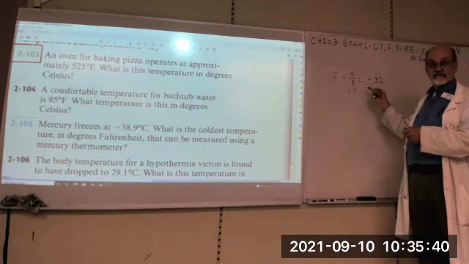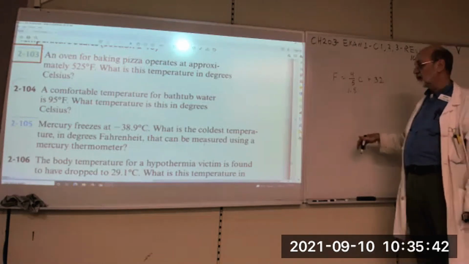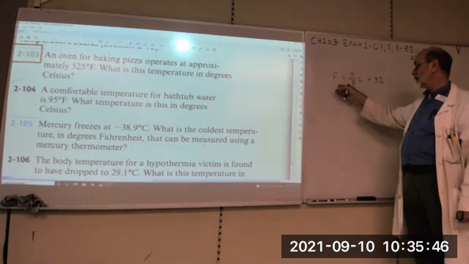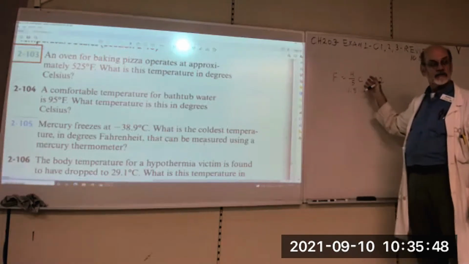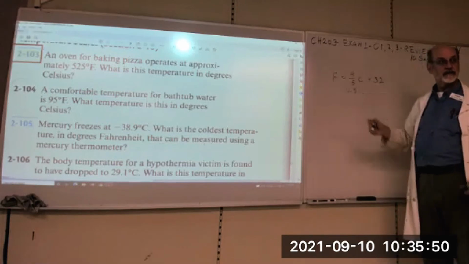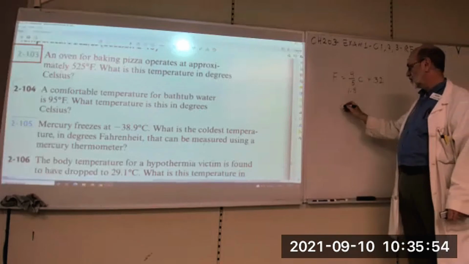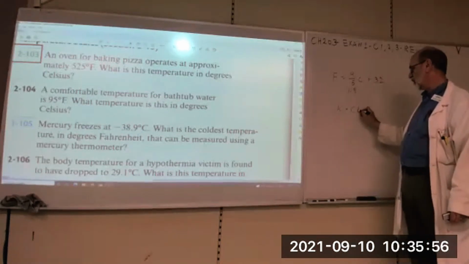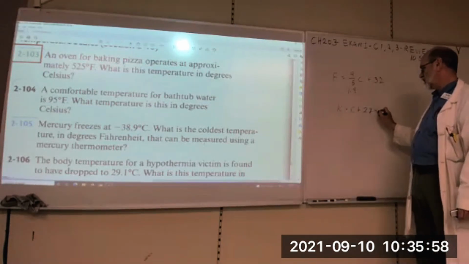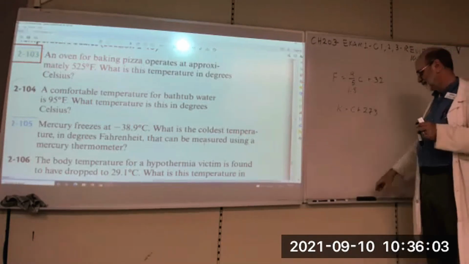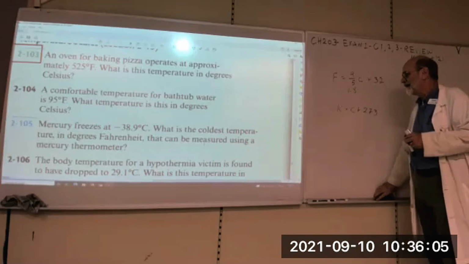But if you know that one, that's the only one you need to know. If you have Celsius, use this one. If you've got Fahrenheit, either plug it in and solve it, or solve it and plug it in. Either way works. How about Kelvin and Celsius? Kelvin equals Celsius plus 273, right? Okay.